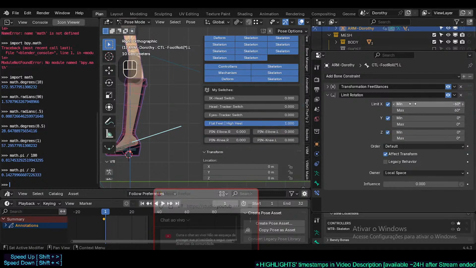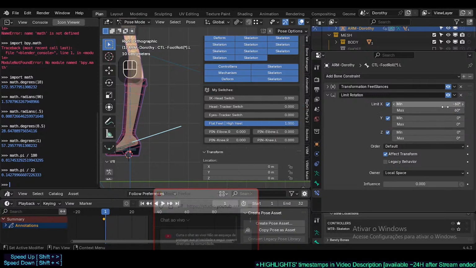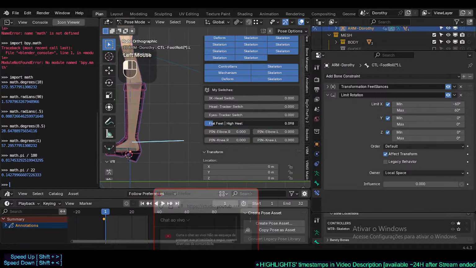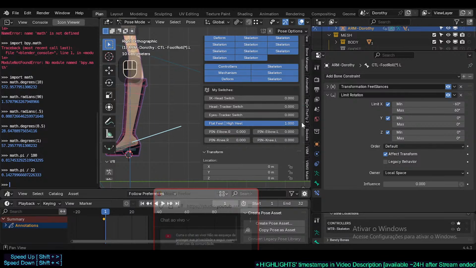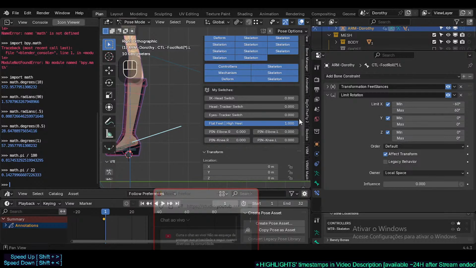Okay, each one of the two. So I cannot just add this thing bluntly there, it would make no sense.